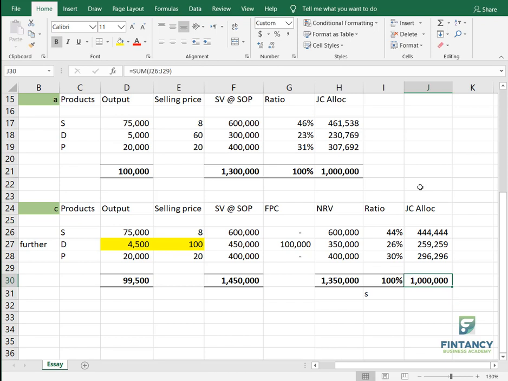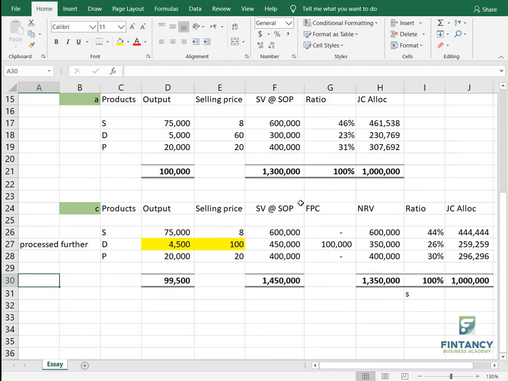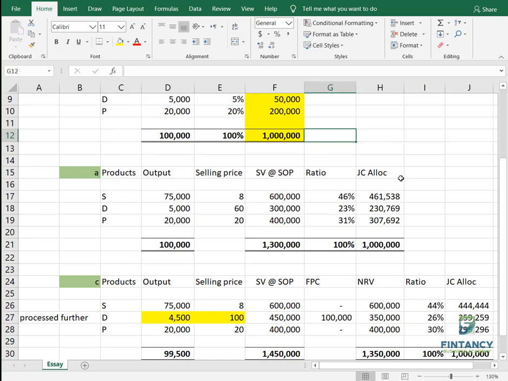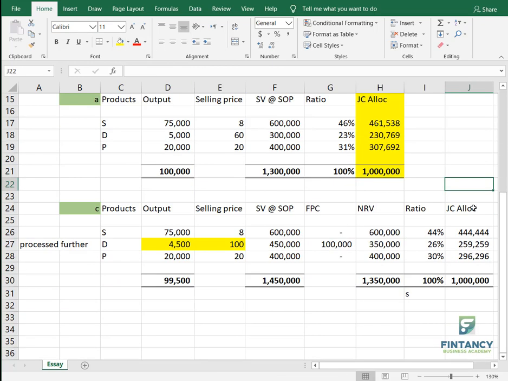So these are the answers, my friends, for all the three questions we have done. So you will tell the examiner the joint cost allocation is this much if you use the physical output method. The joint cost allocation is this much if you use the sales value and split off method, and the joint cost allocation is this much if you use NRV method. Getting it? Okay.